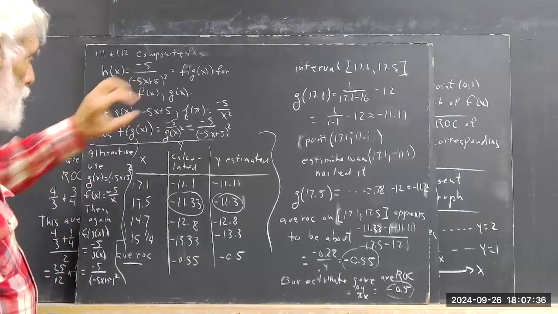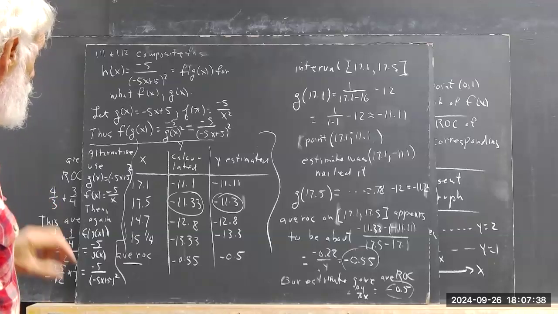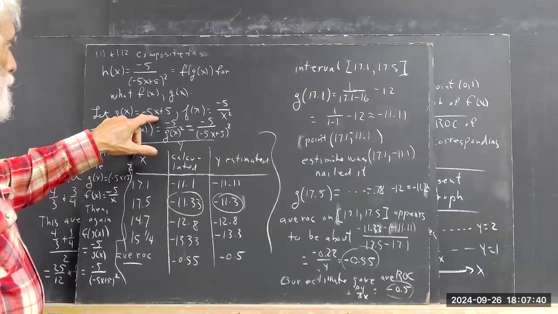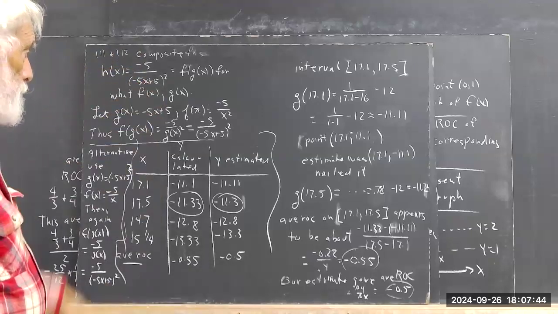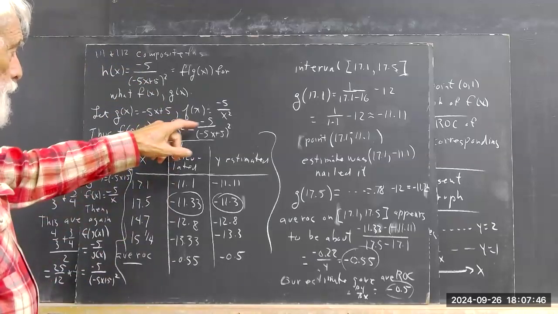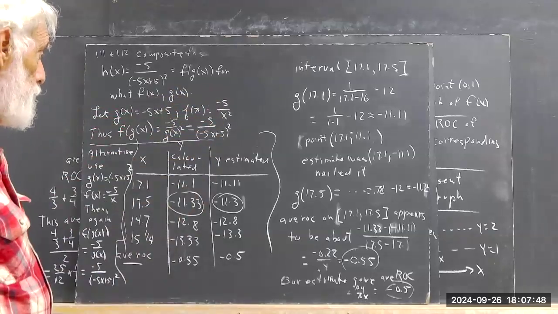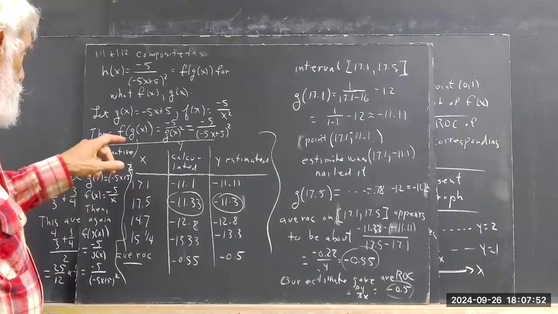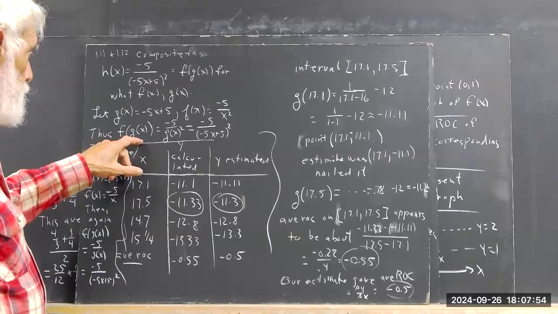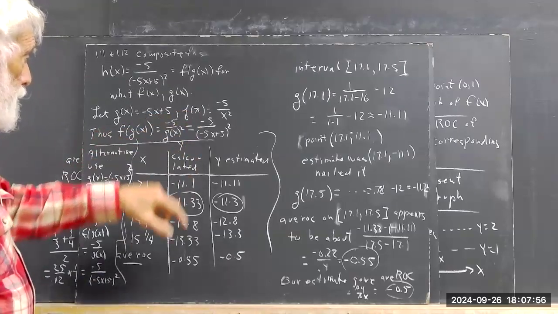If g of x is -5x plus 5, then what function of g of x is going to give you -5 over -5x plus 5? Well, that would be f of x equals -5 over x squared. And you should be able to easily verify that in this case, f of g of x is replacing x.